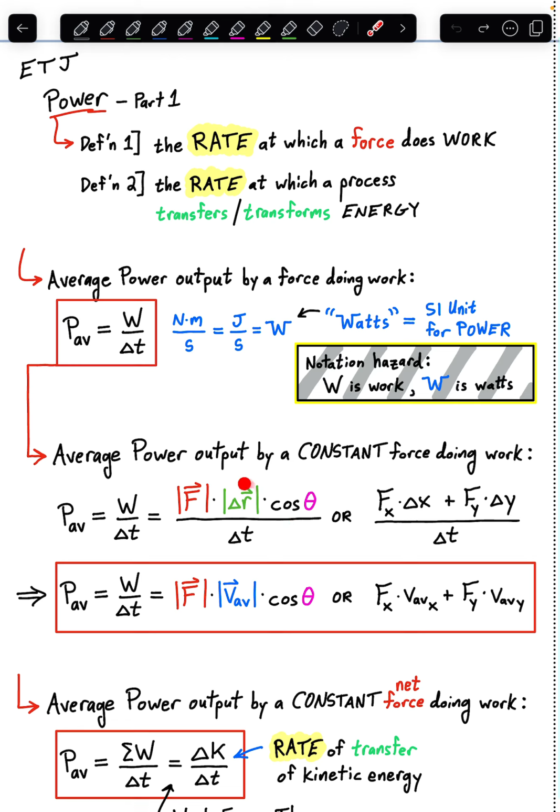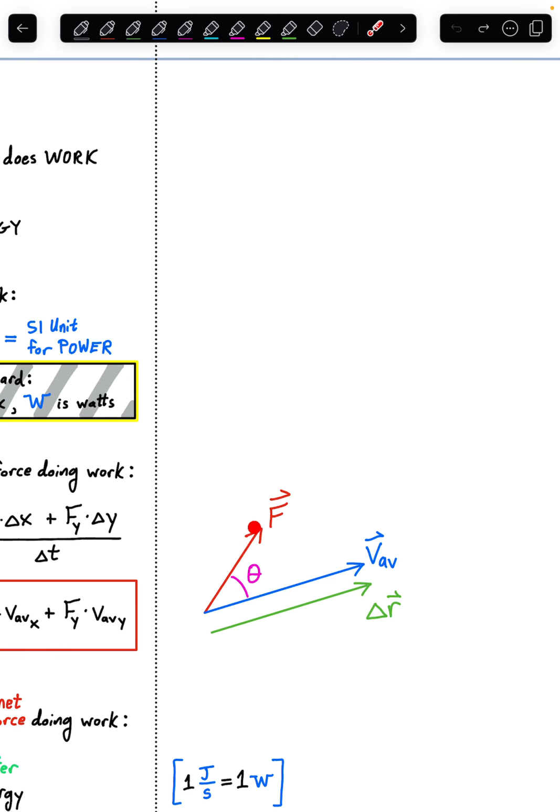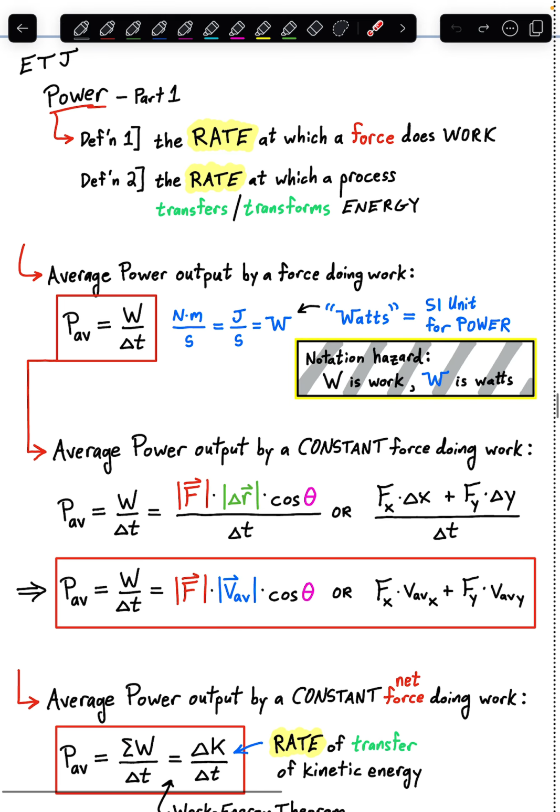Well, that's going to be the magnitude of the average velocity. So magnitude of the constant force times the magnitude of the average velocity of the object times the cosine of theta, theta being the angle between the constant force and average velocity or displacement. That represents the average power, the average rate of doing work.